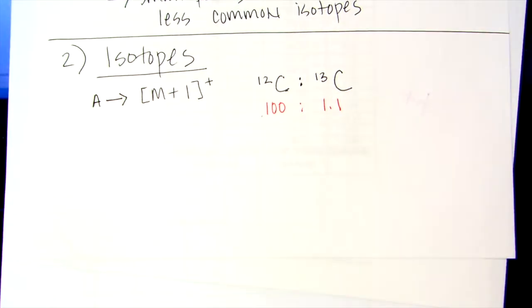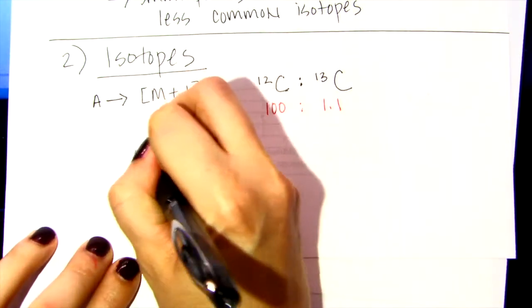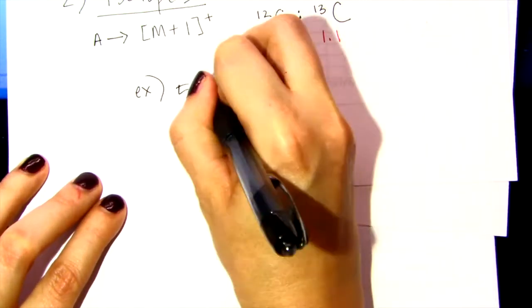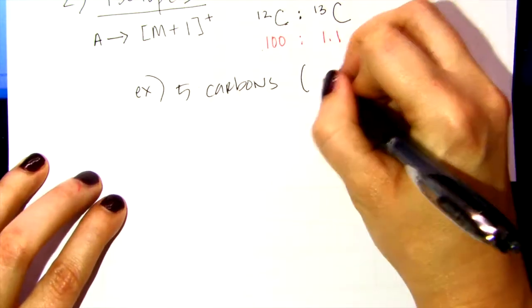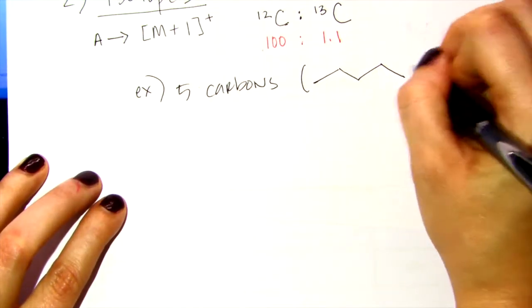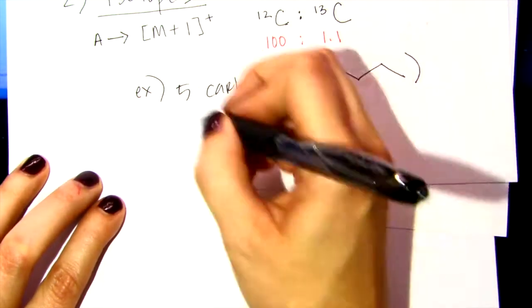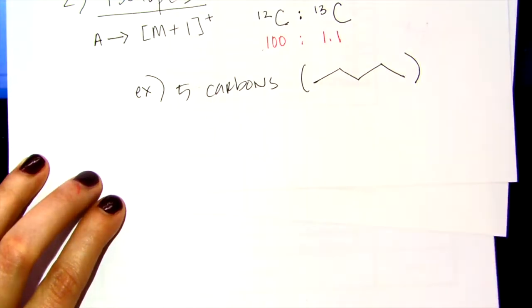And normally we have a lot more than just one carbon, and so it does correlate. So for an example, if you have 5 carbons in your molecule, like pentane, right? You'd expect to see a ratio where you're increasing the abundance. You have more chances of getting a carbon-13 in your molecule, right? You have 5 times more chances.